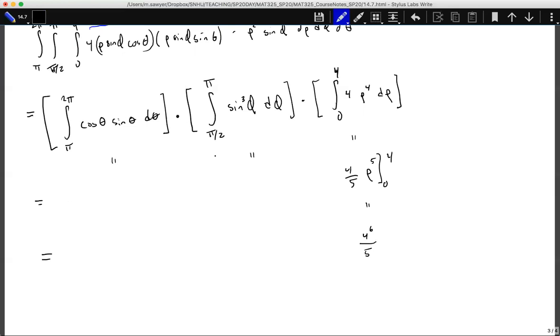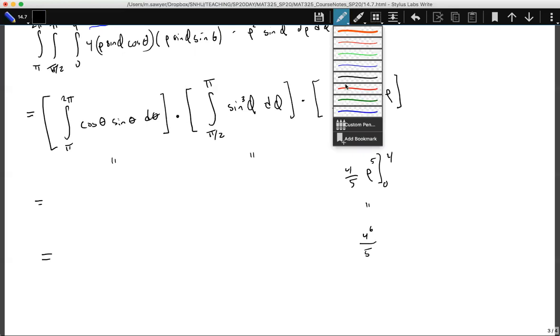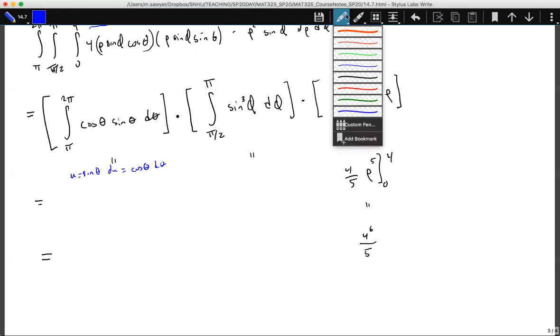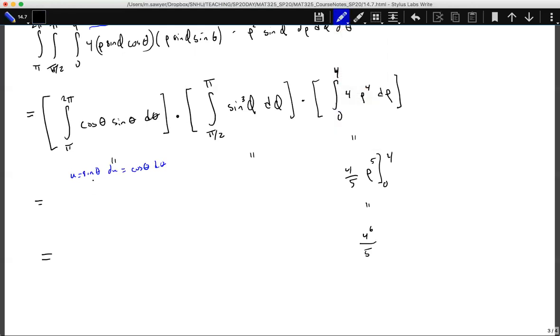In our first integral, this is a U-substitution. If I let u equal sine of theta, du equals cosine of theta d theta. So I know my antiderivative is negative cosine of theta, evaluated from pi to 2 pi.